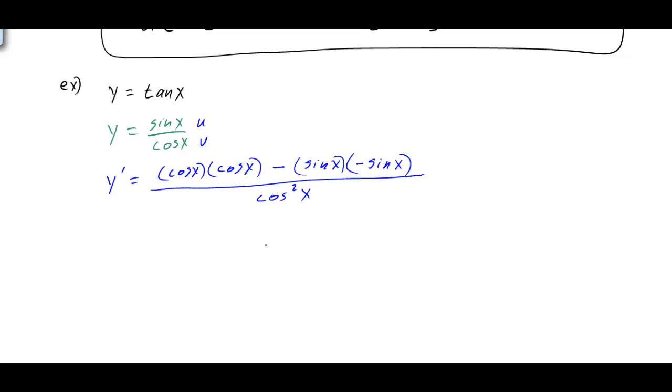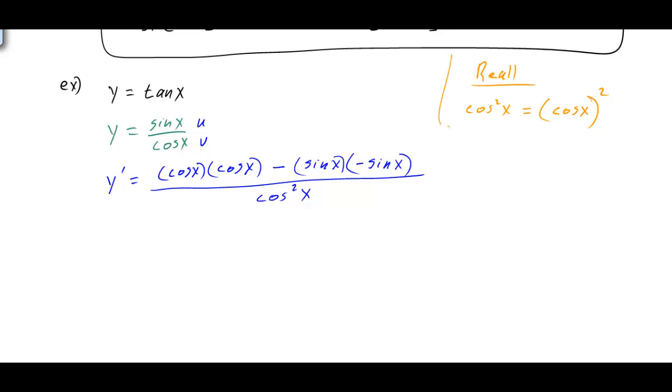Now realize, we have cosine squared x on the bottom. What you need to recall, I know some people tend to have problems with this, is that cosine squared x is the same thing as writing parentheses cosine x, the whole function squared.